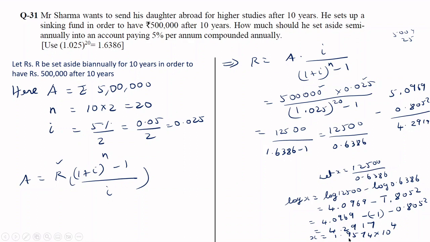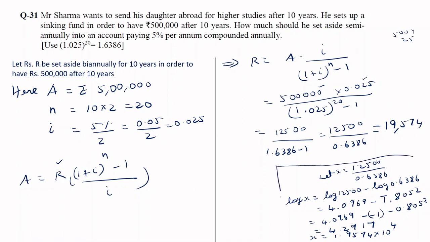So this is 1.9574 into 10 raised to 4. So here the answer for this is 19,574. So all these can be done in the rough.